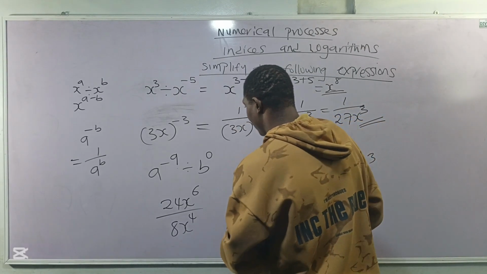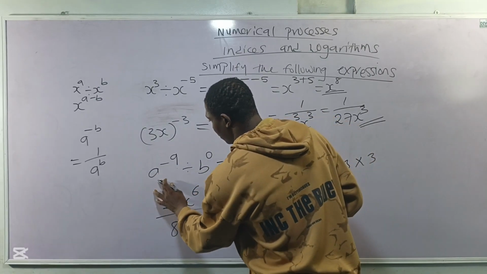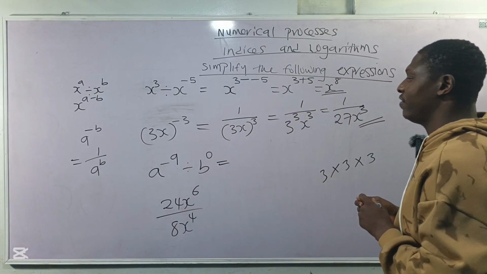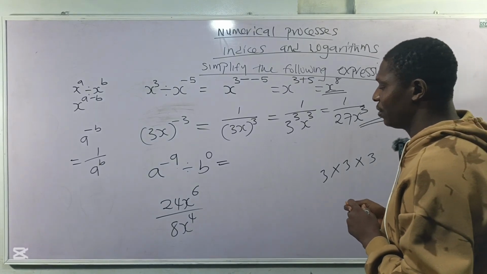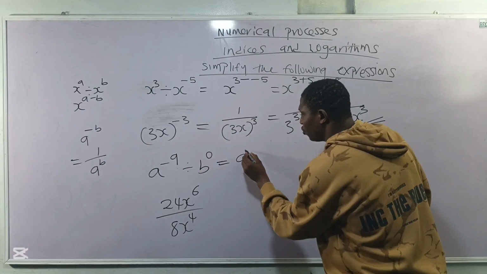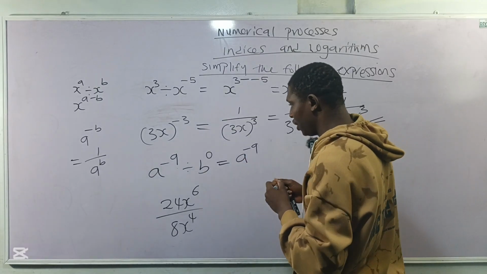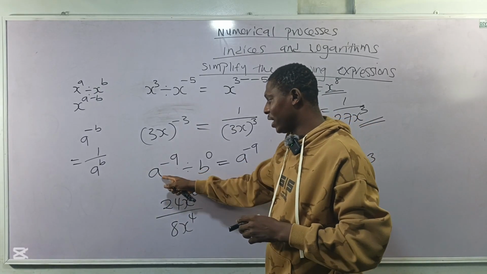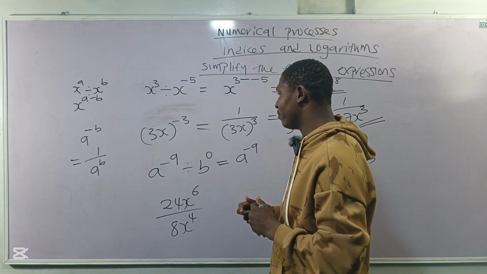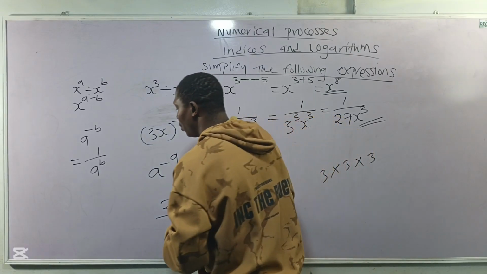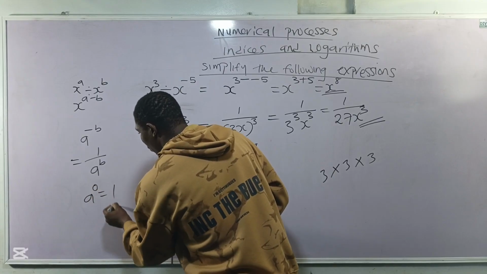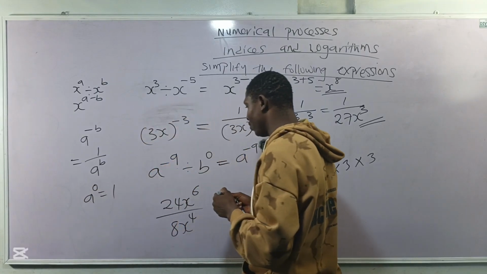Our next example here, we have a raised to power minus 9 divided by b raised to power 0. Now we have this simply a raised to power minus 9. Remember, the two bases are different, so we cannot combine them. But b raised to power 0 is 1, because we said any value raised to the power of 0 gives us 1, provided the base is not equal to 0.